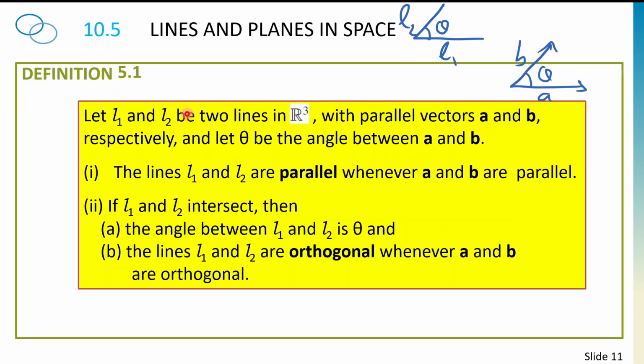So now instead of studying lines, I'm going to study their parallel vectors, and whatever conclusion I get about the vectors, I just reflect it for the lines. If I check the 2 vectors are parallel, I can say the 2 lines are parallel. If I check the 2 vectors are orthogonal, then the 2 lines are orthogonal to each other. Okay, this is the idea. Now let's move to what we have next.